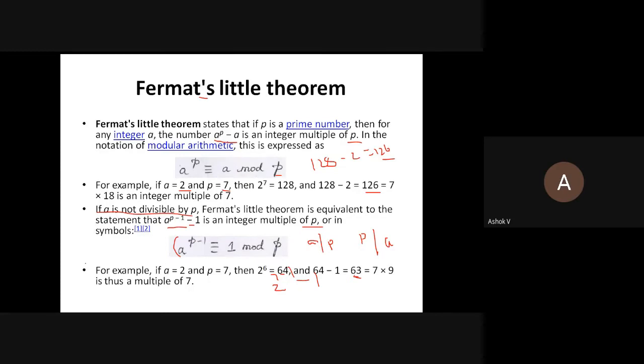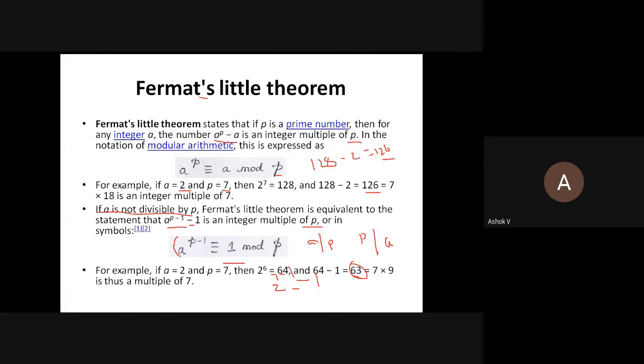So a^(p-1) means 2^6, which is 64, and 64 minus 1 is 63. So 63 is a multiple of 7. So this is another version of Fermat's little theorem.